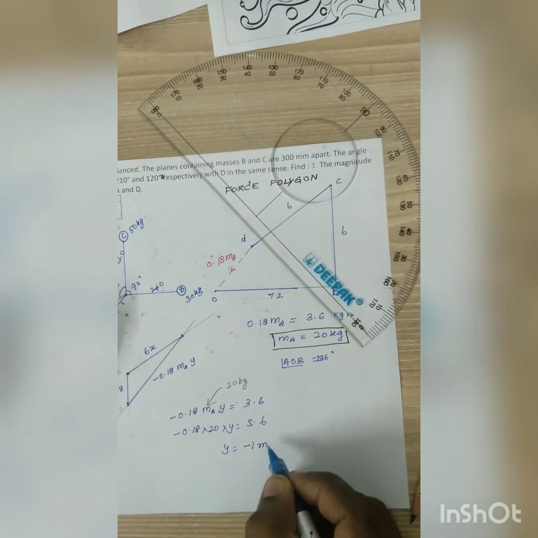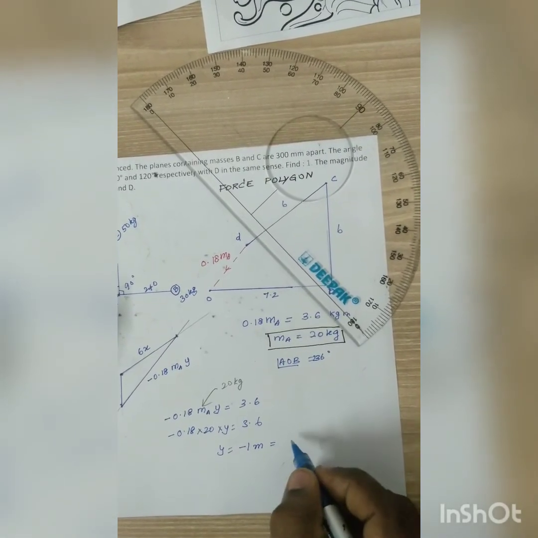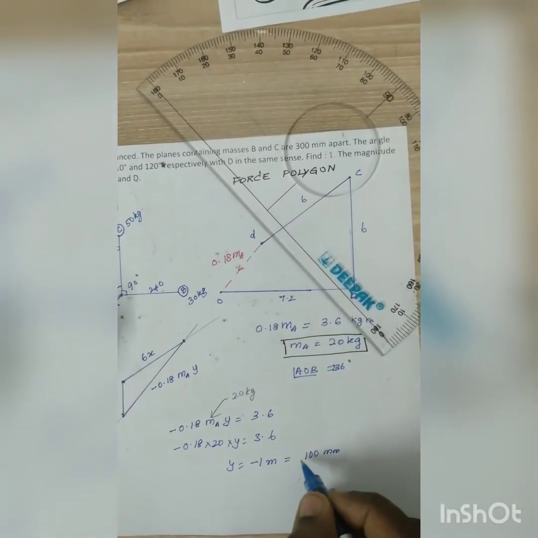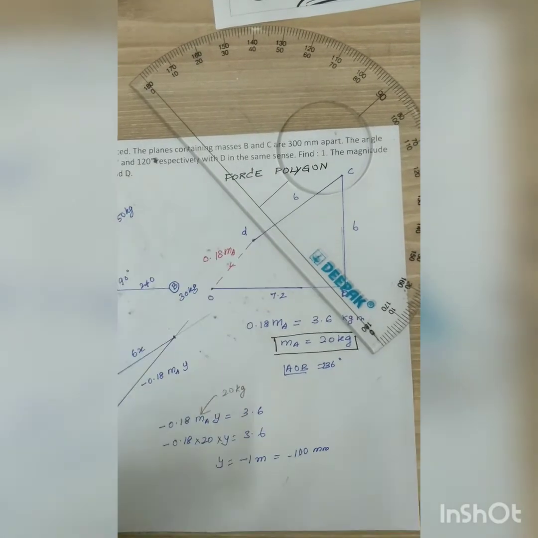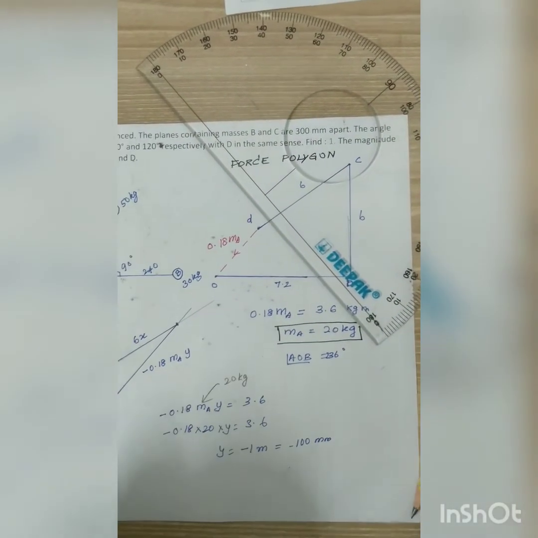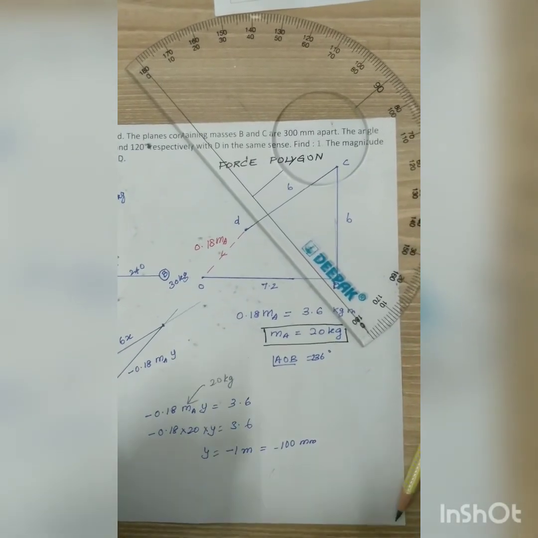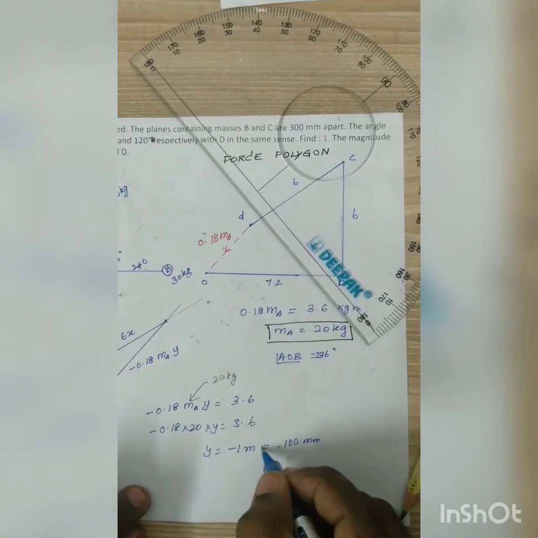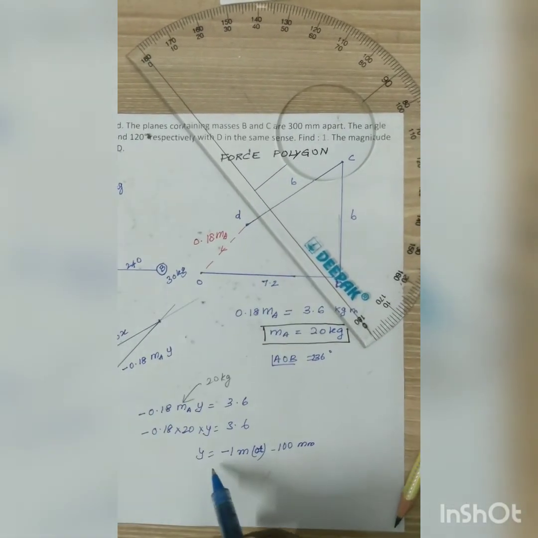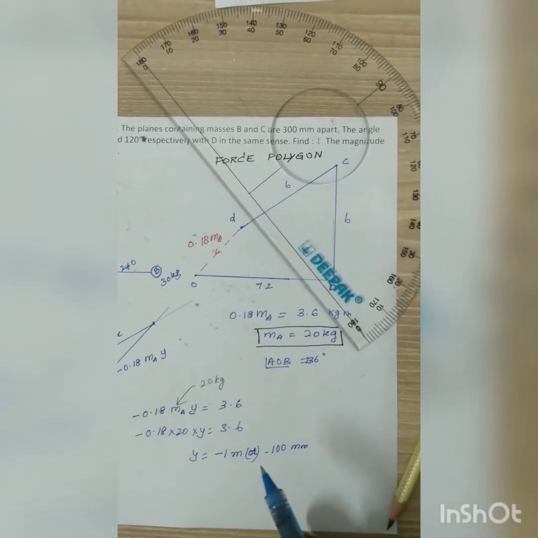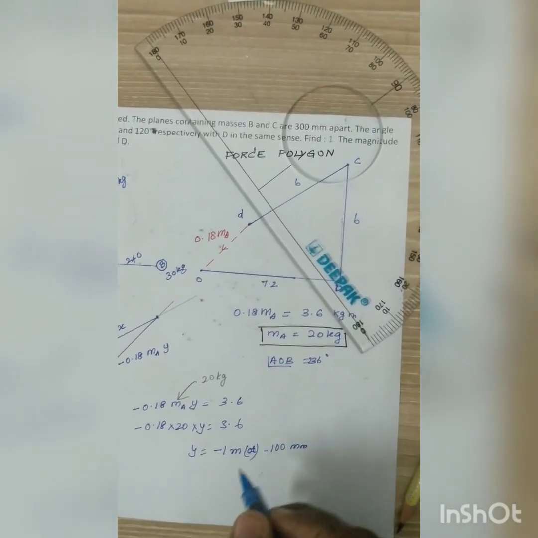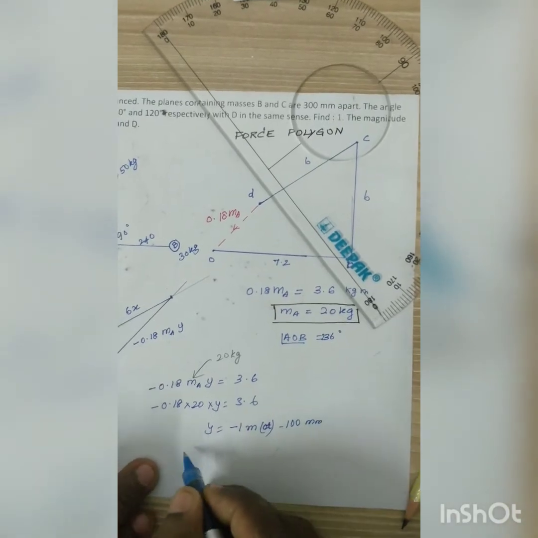So this is in meters. So it is 100 millimeter. So minus 100 millimeter. So we can say the y value is minus 1 meter, or 100 millimeter. So that is the y value. So we got the y value, and 6x. If you know the value of 6x, you can find out.